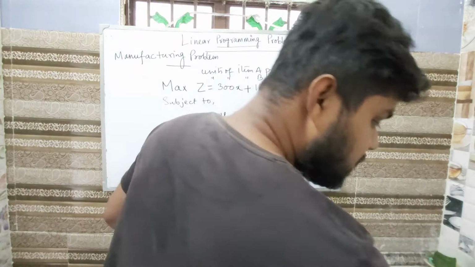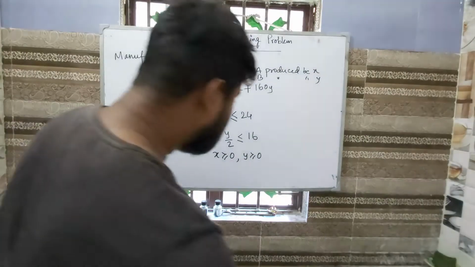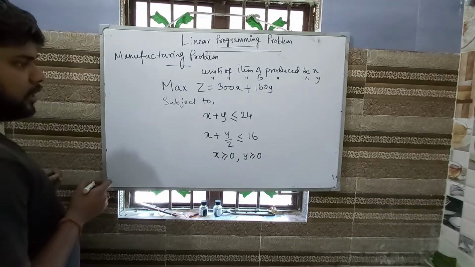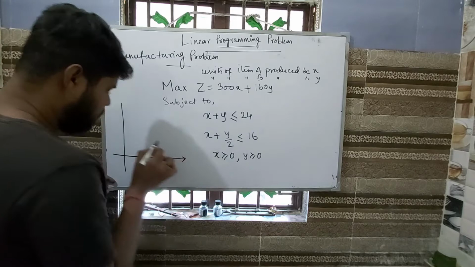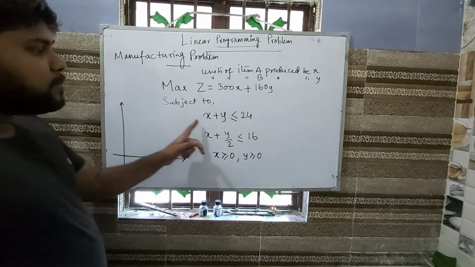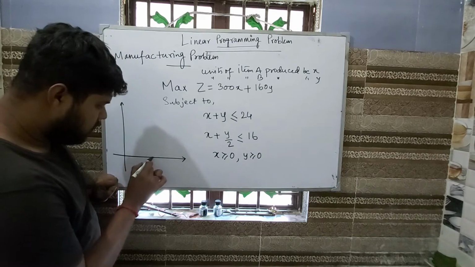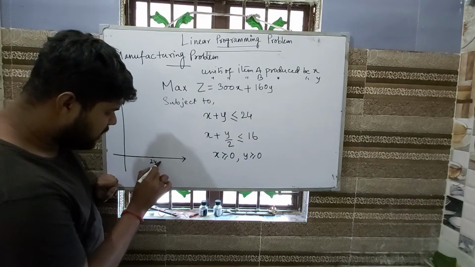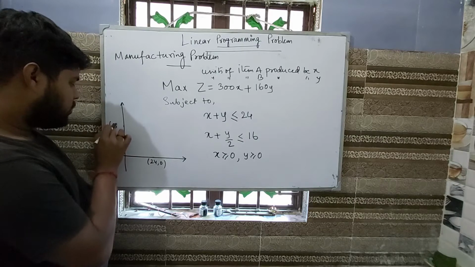Now the process is all the same, so we have to draw a graph. So let me just quickly draw the graph here. So x plus y is equal to 24. So here there is say 24 comma 0, and here there should be 0 comma 24.